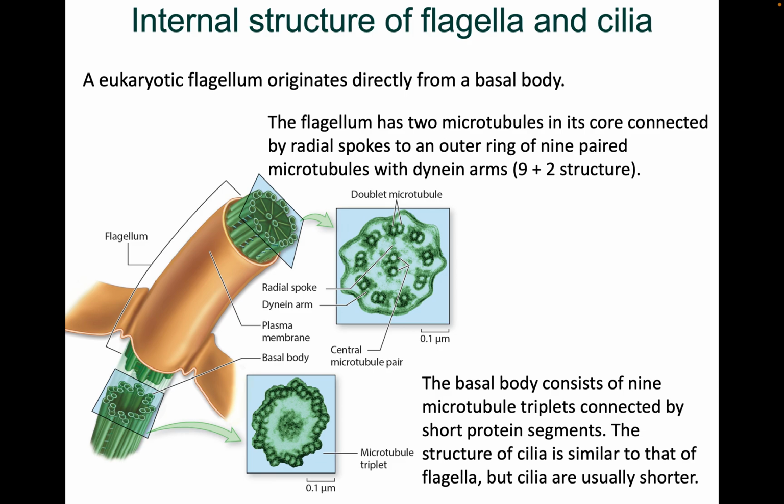As I said, most eukaryotes don't have flagella. But we have these kinds of structures called cilia. Cilia are small little hairs that you find in your mucus sites, like your esophagus, your throat, your intestine, your stomach.